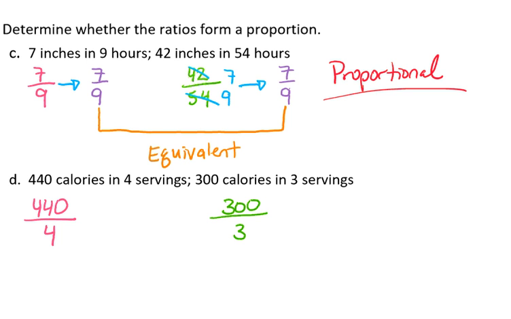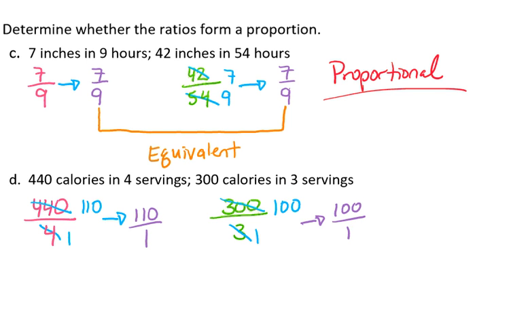So when we go to reduce these, if we look at our first ratio, 440 over 4, we can see that a 4 will go into this. 4 will go into itself 1 time, and into 440 110 times, giving us a reduced fraction of 110 over 1. If we look at our second ratio, we see that a 3 will go into both of those. 3 goes into itself 1 time and will go into 300 100 times, giving us a reduced fraction of 100 over 1.